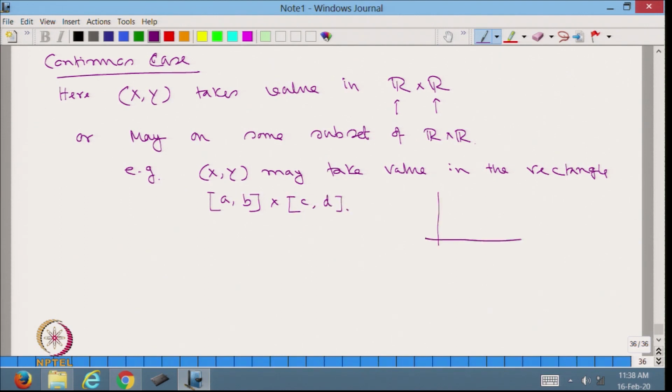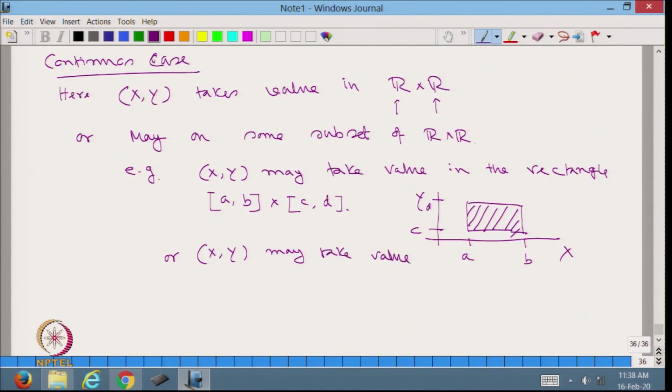That is, if this is the axis, we are looking at a rectangle of this form, and (x, y) values will be from this rectangle.